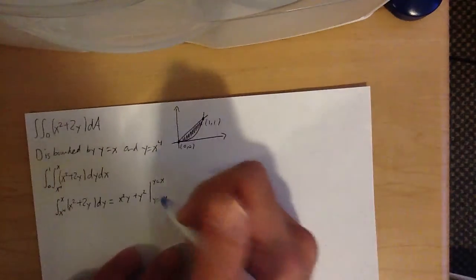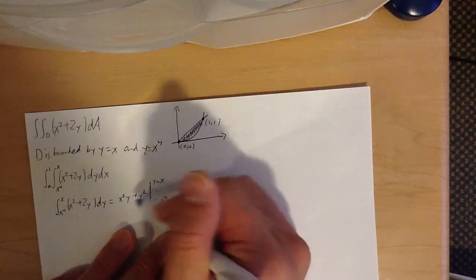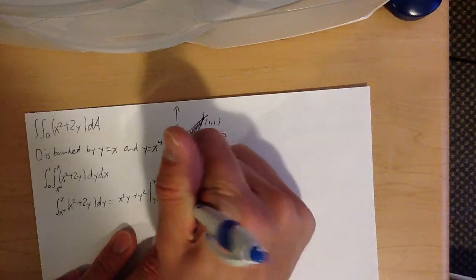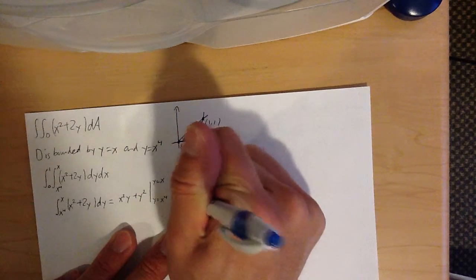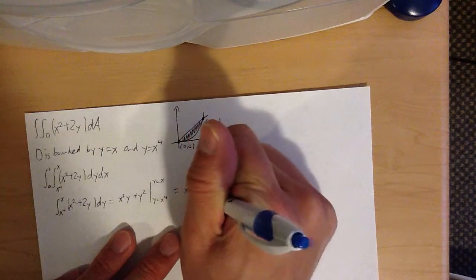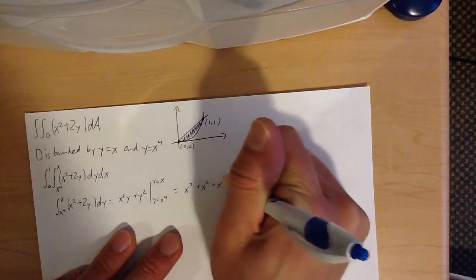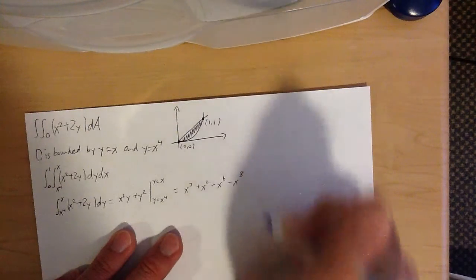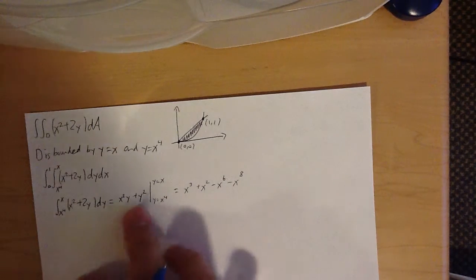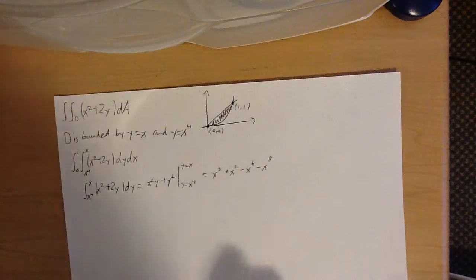If you do the fundamental theorem of calculus, plugging in y as x and y equals x to the fourth, you would end up with x cubed plus x squared minus x to the sixth minus x to the eighth. I'm not going to do all that algebra over here.